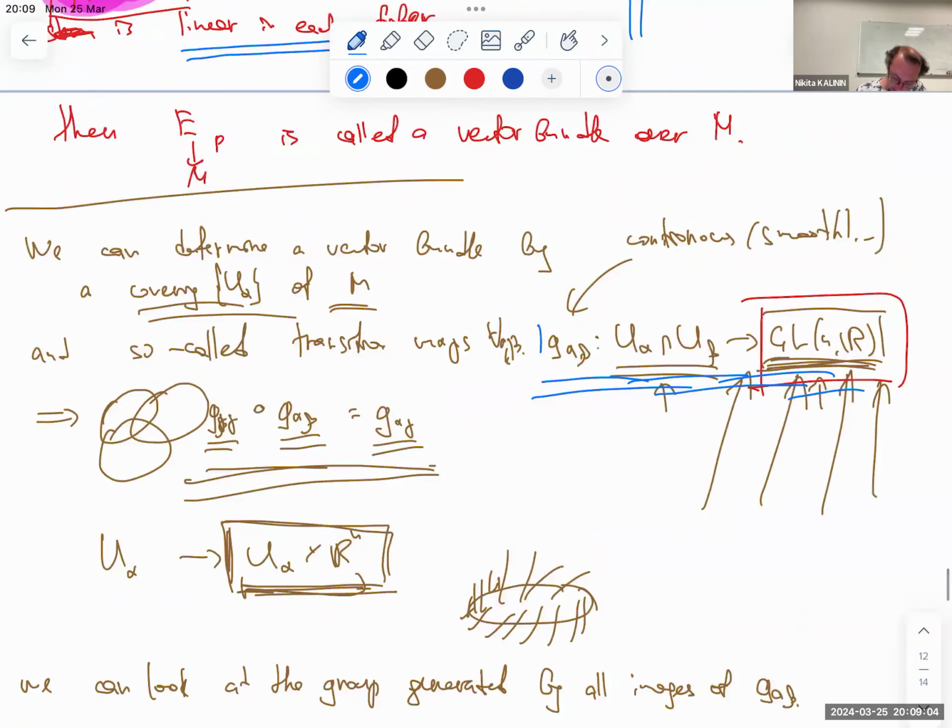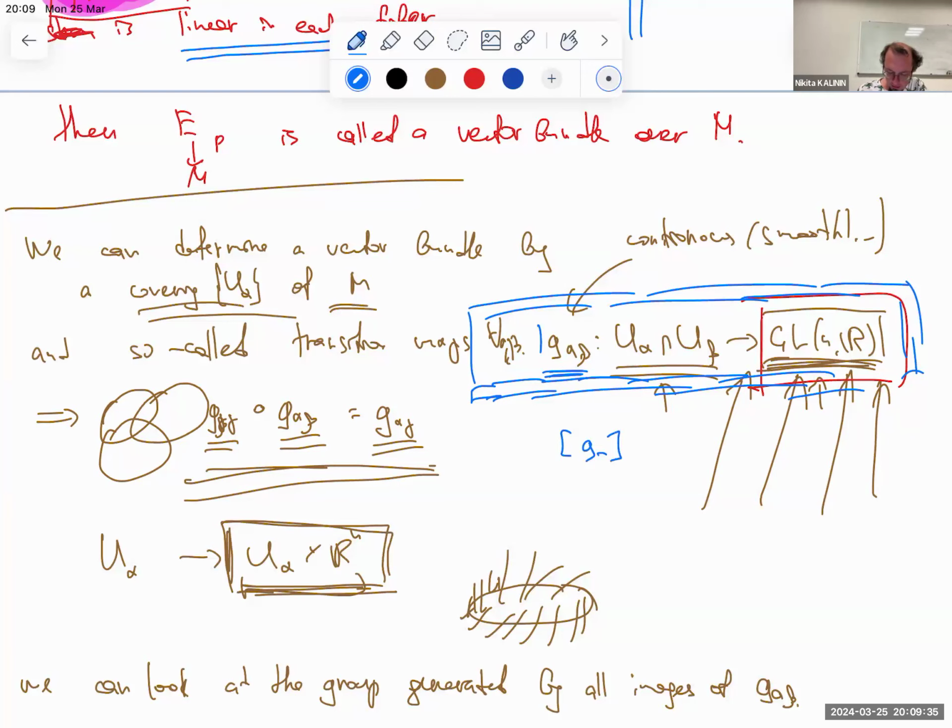When you define these transition maps, it looks like a cohomology theory, and this collection of maps looks like a cochain. So this equivalence relation will be just adding a coboundary. So later it would mean that if you have the same class for two vector bundles, then these will be equivalent vector bundles, but this will be later.